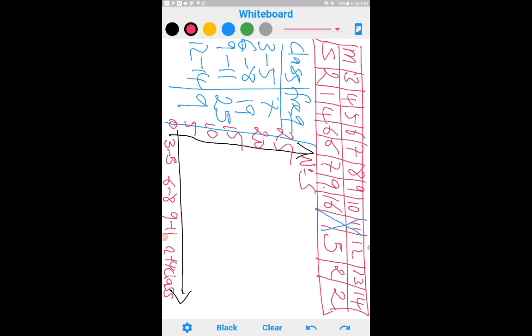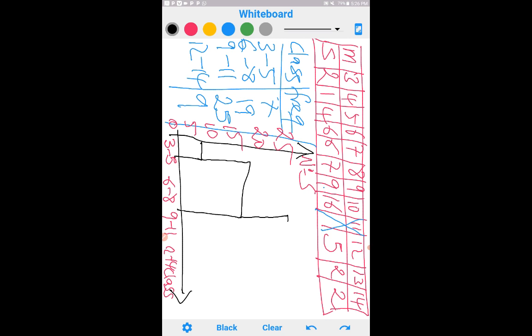So now you can go ahead and plot or draw your graph. 3 to 5 is 7. So 7 should be somewhere around here. That's 3 to 5. 6 to 8 should be 19. Then now 9 to 11, 25, so it goes right up to 25.